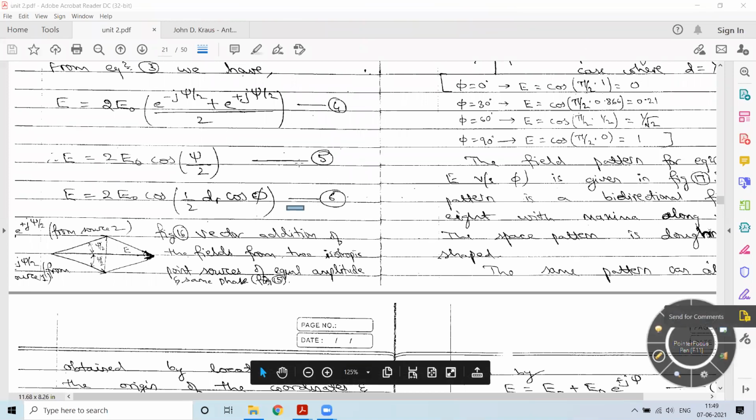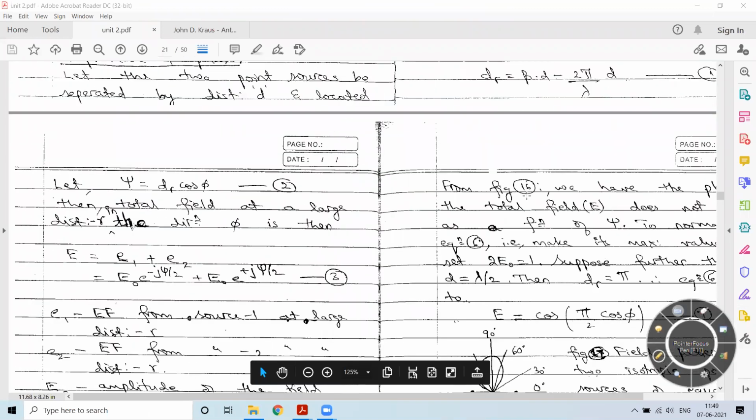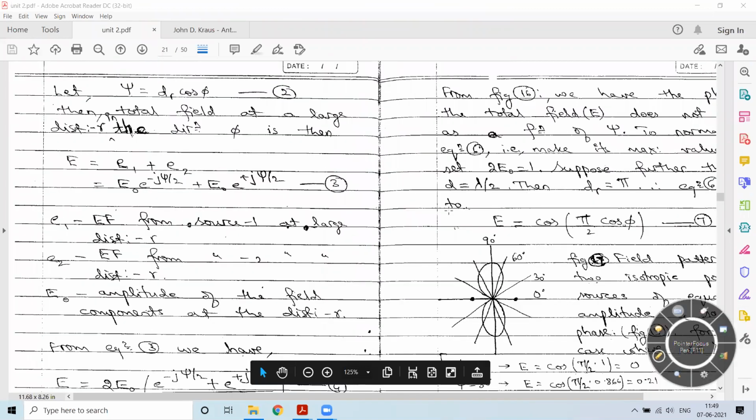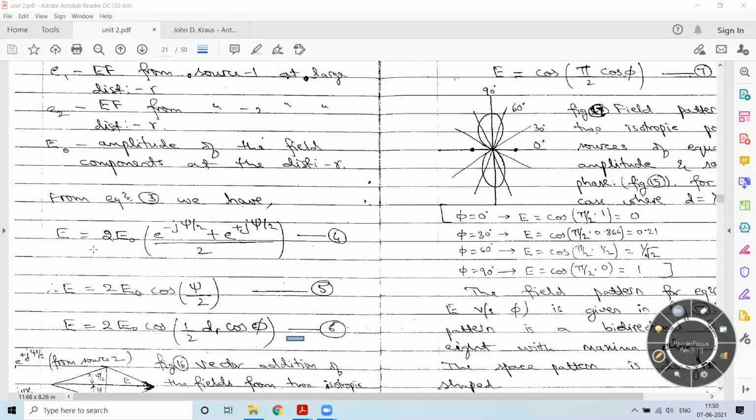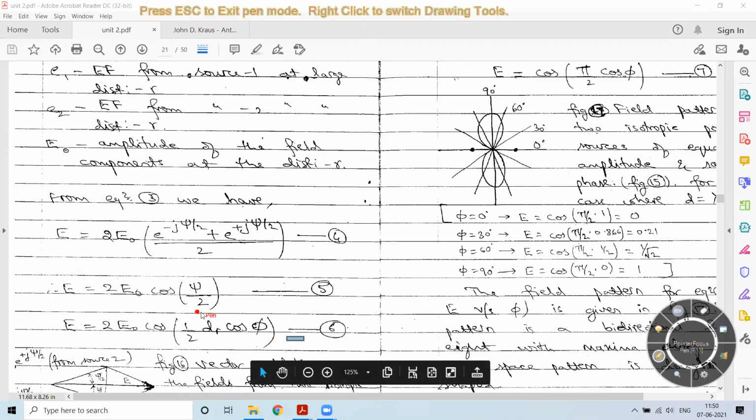Now here we observed the condition. If I assume we equate 2 times E naught to 1, the maximum possible value, then the equation reduces to E is equal to cos psi by 2, which is E is equal to cos of (dr cos phi) by 2.